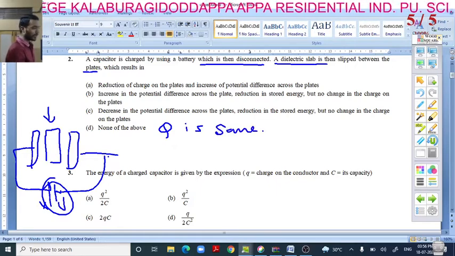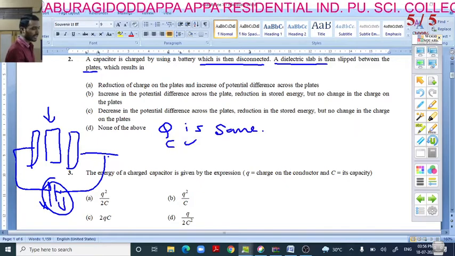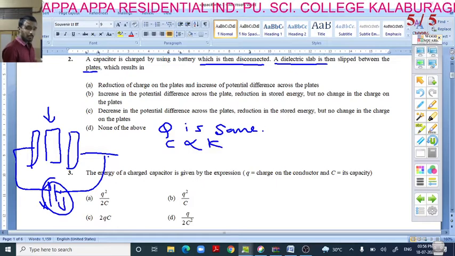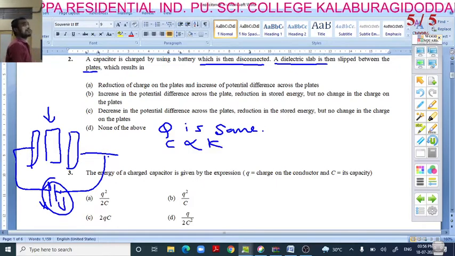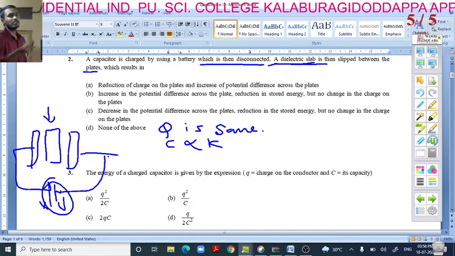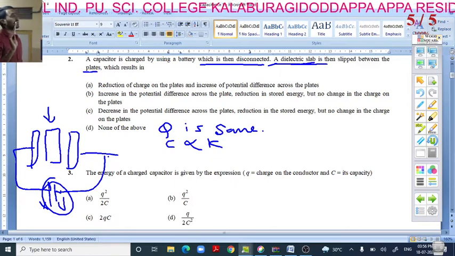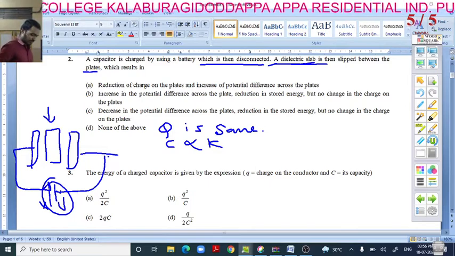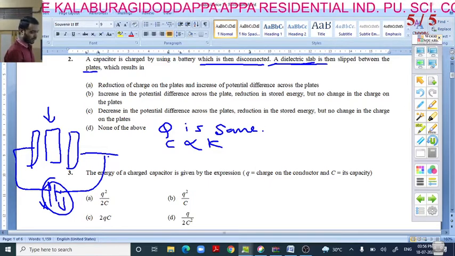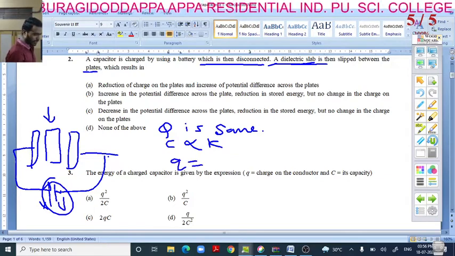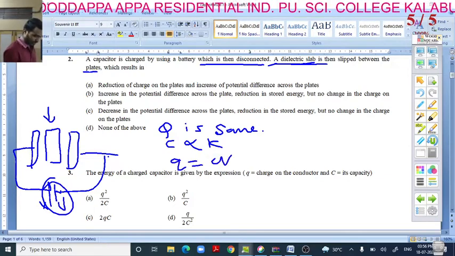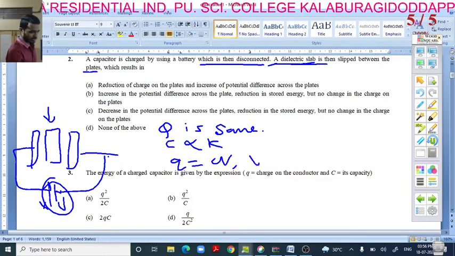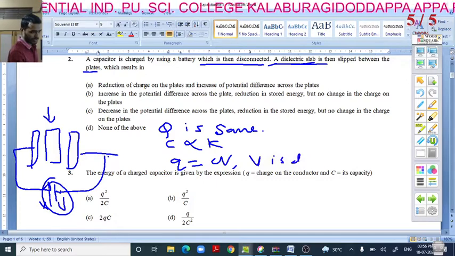So here capacitance of capacitor is directly proportional to dielectric constant. So by introducing the dielectric medium between the plates, the capacitance of capacitor will increase. Using Q is equal to CV, V will decrease here.